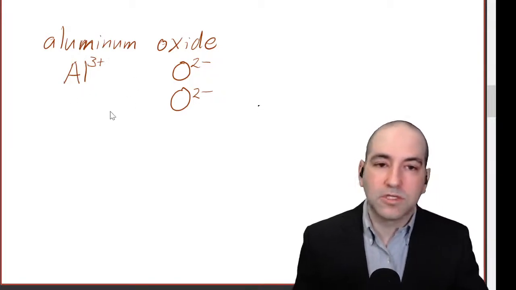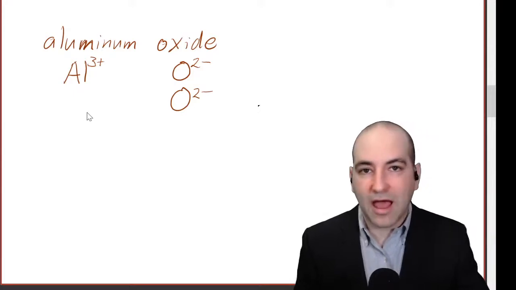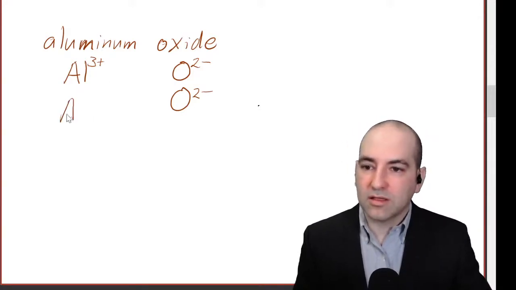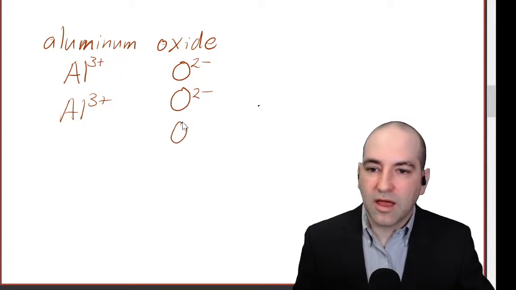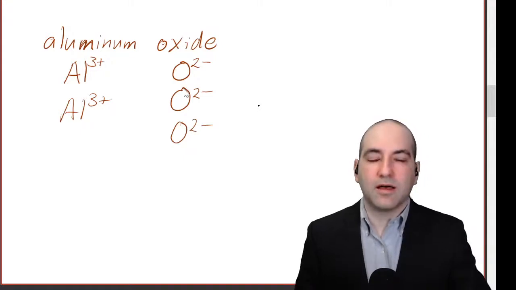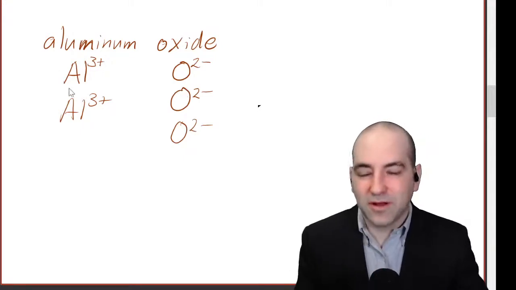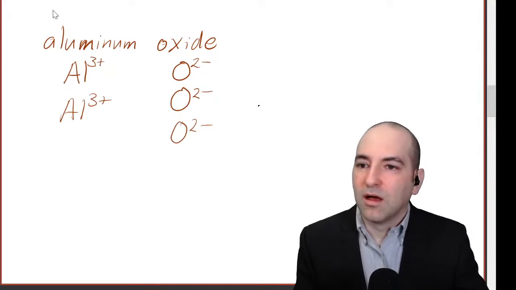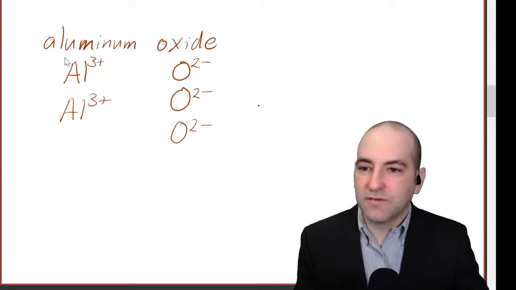So one thing we can do is just go back and forth adding ions until we get them to balance. So let's add a second aluminum. Now we've got 6+ and 4- overall, and another oxygen. And look at that. Now we've got 6+ and 6-. Now, if you knew some things about some math, you could probably have figured out that that was the ratio you needed. But you can just as easily figure it out this way.